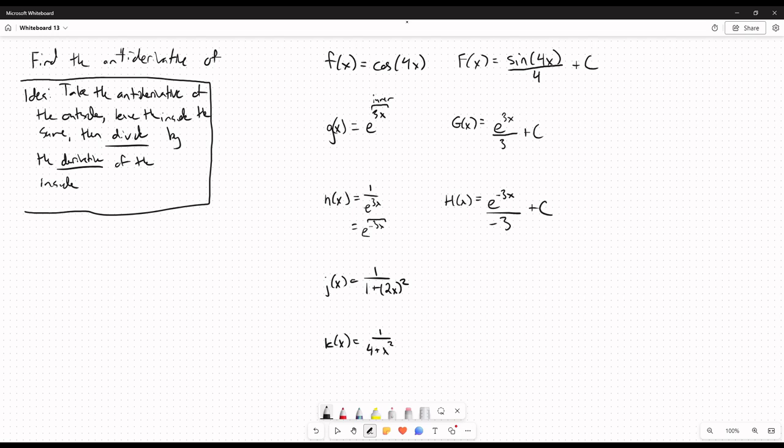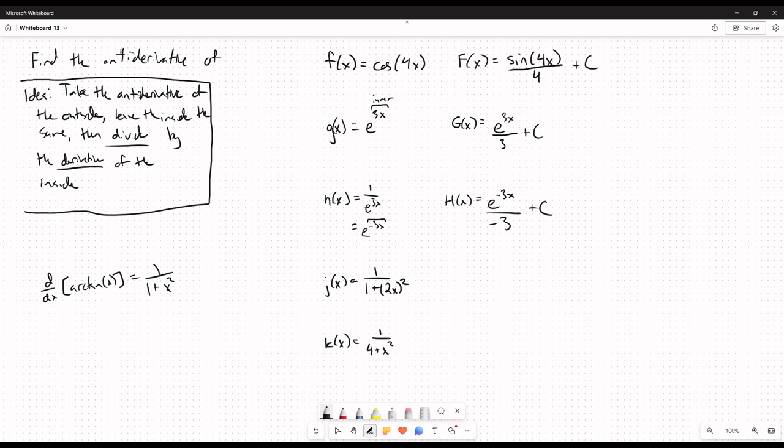Next, we have j of x equals 1 over 1 plus 2x squared. Well, what you might remember is that the derivative of arctangent is going to be 1 over 1 plus x squared. So I can think of this as my outer function is 1 over 1 plus x squared.